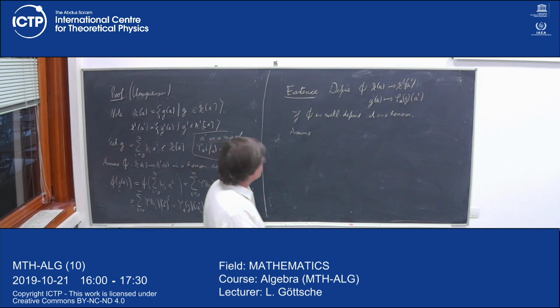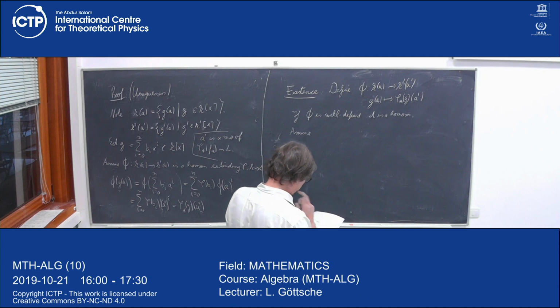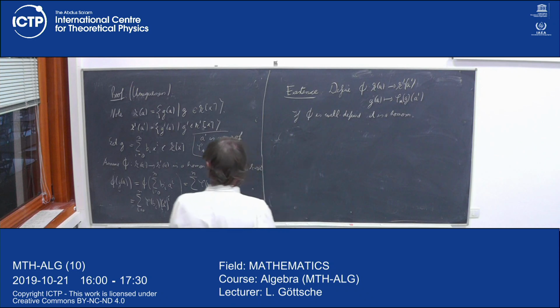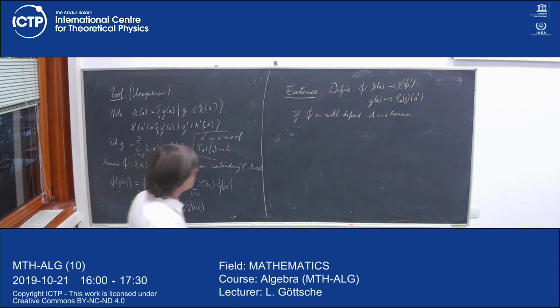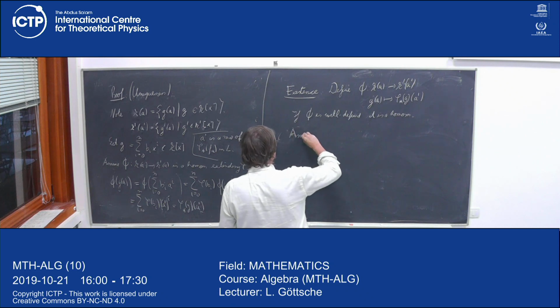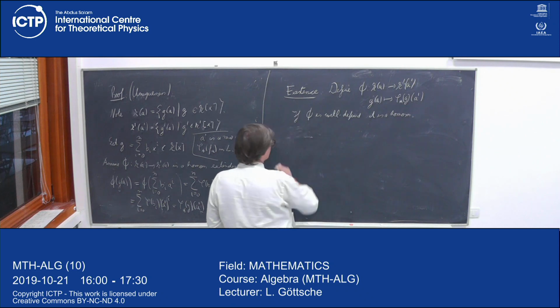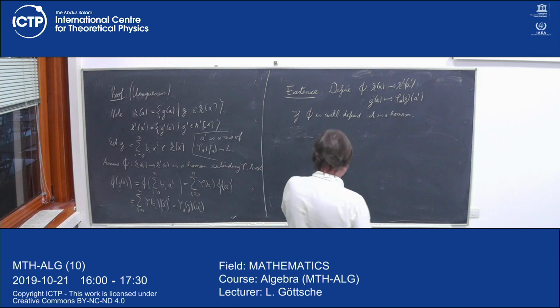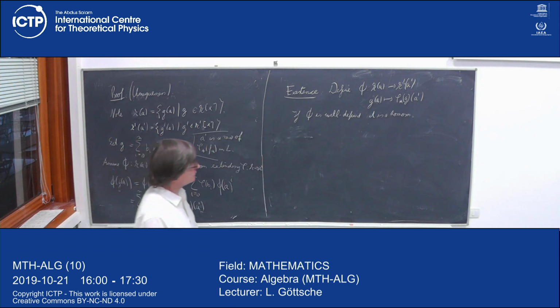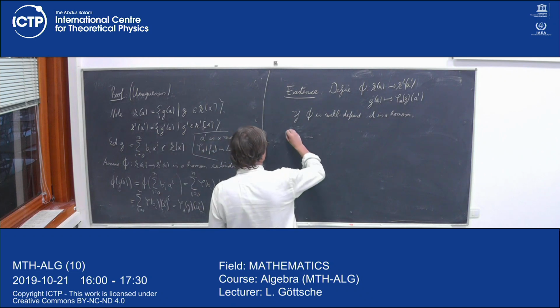Okay, so what do I want to say? So what I have to show. So first, assume. So what do you want? So we have to show maybe that this map is well defined and injective.